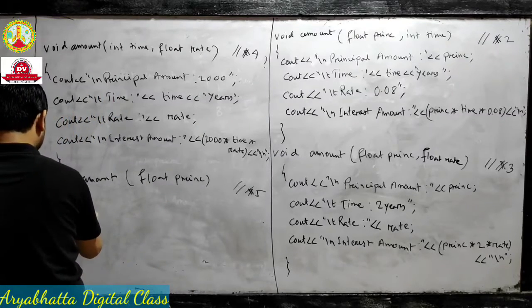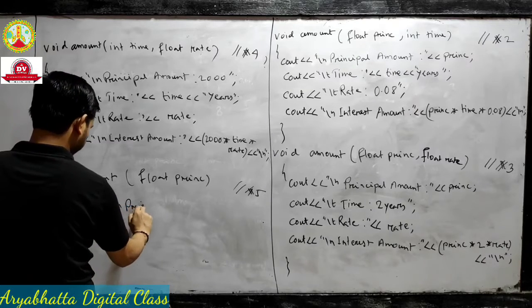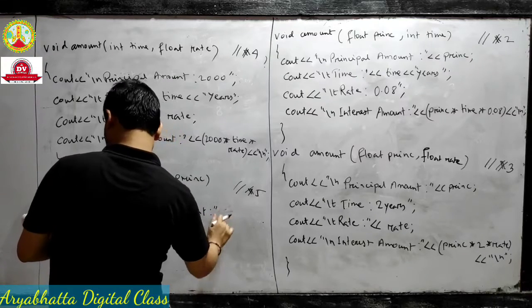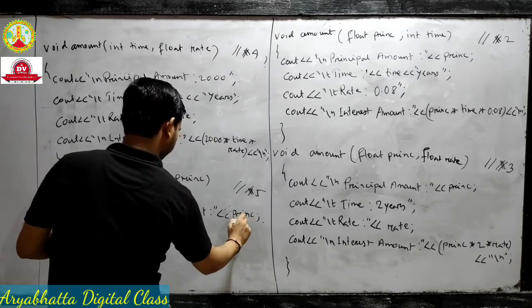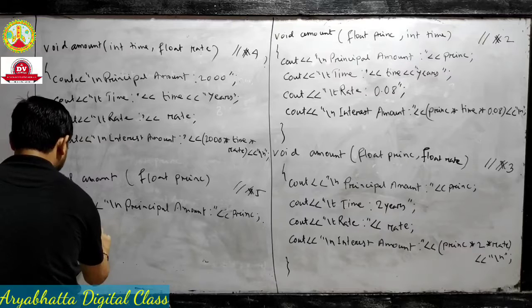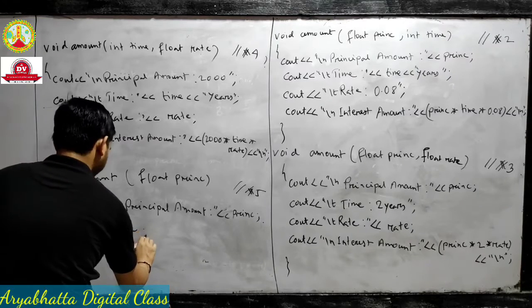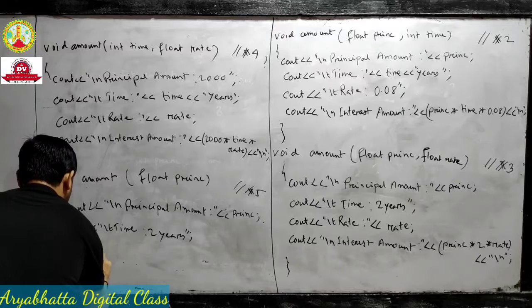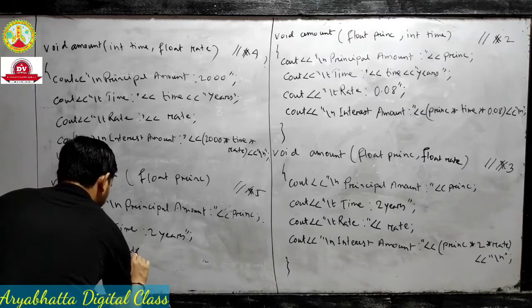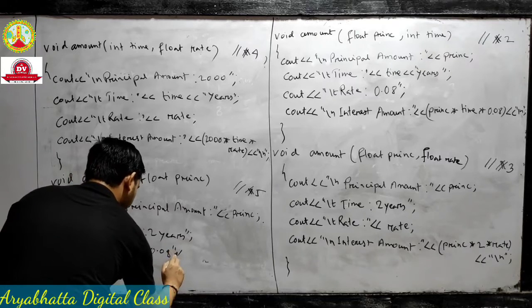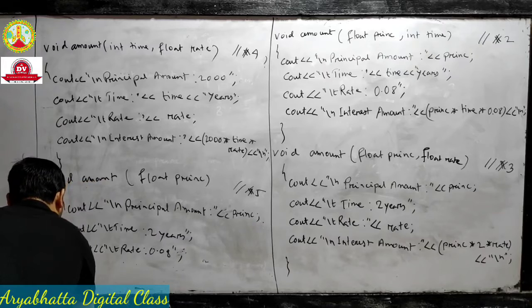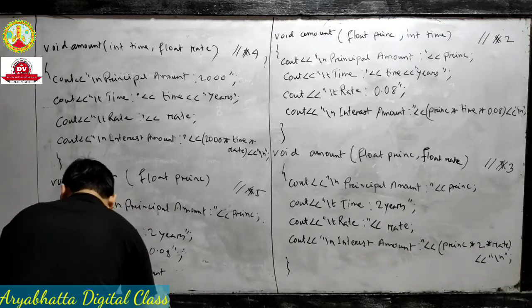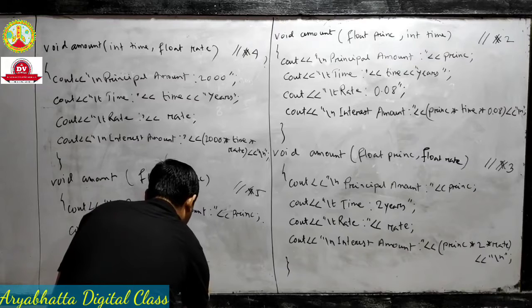You see the output: principal amount, time is 2 years, and the rate is 0.08, meaning 8%, and interest amount is what?